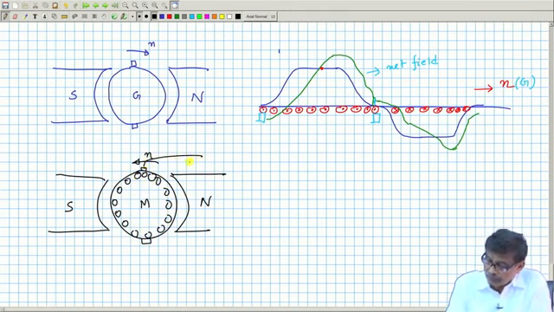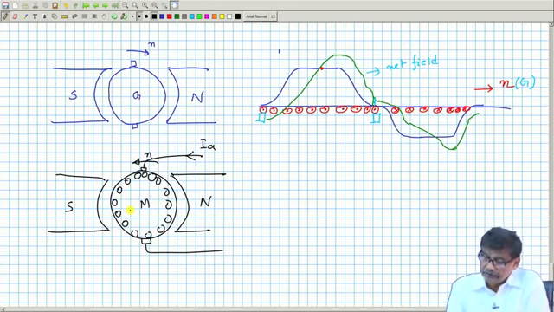In motor mode, we pass current from a supply to the armature, and suppose the direction of current is such that this is dot and this is cross. Mind you, this is the direction of the current, not the polarity of the induced voltage; the back EMF is not that.